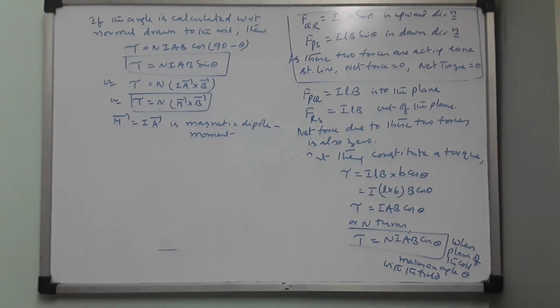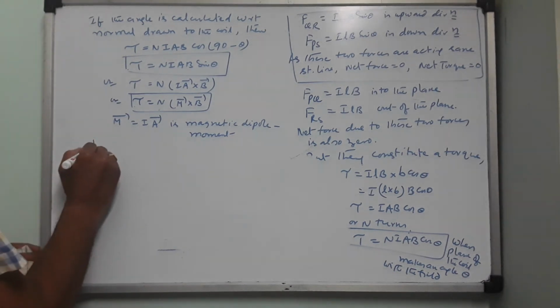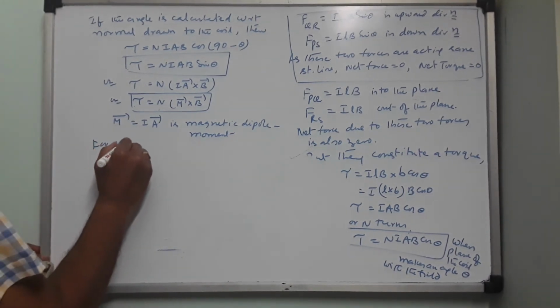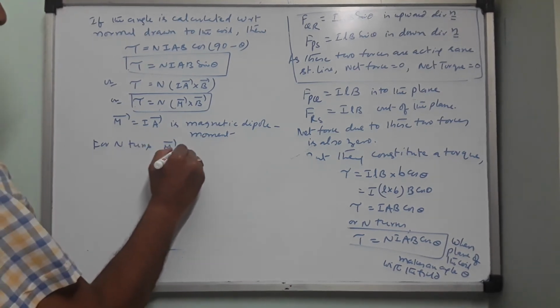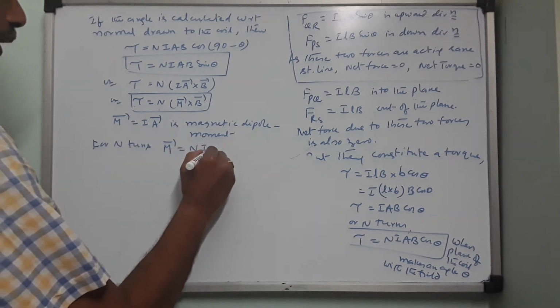Magnetic dipole moment. For N number of turns, the moment will increase by N times. M equals NIA.